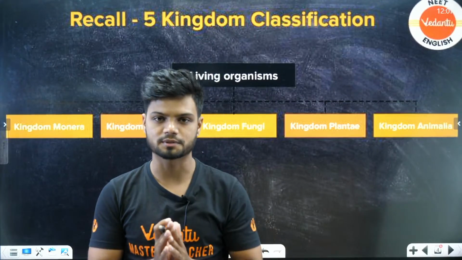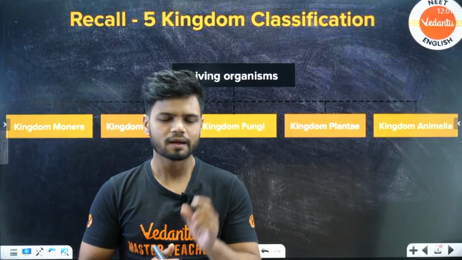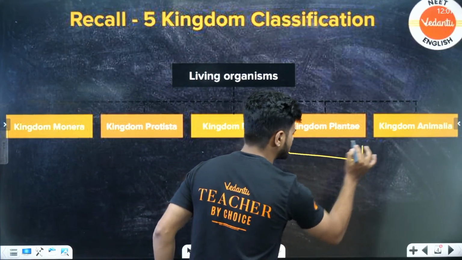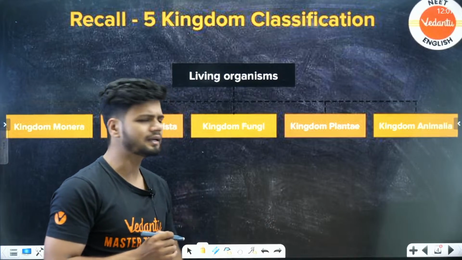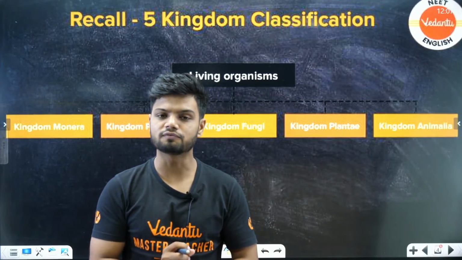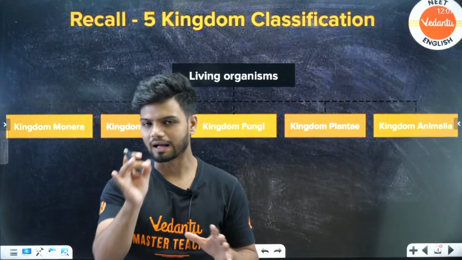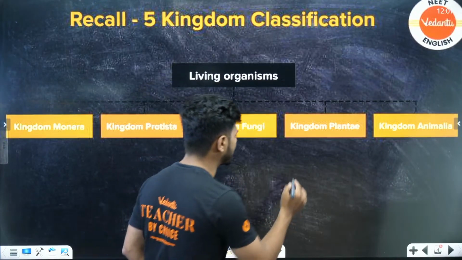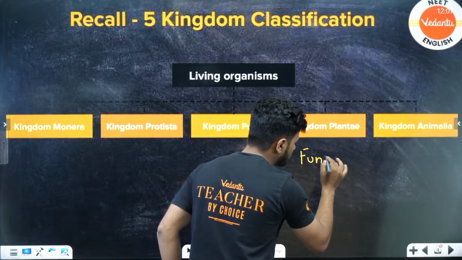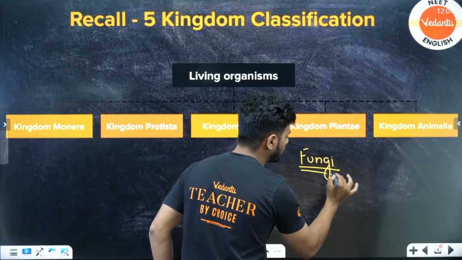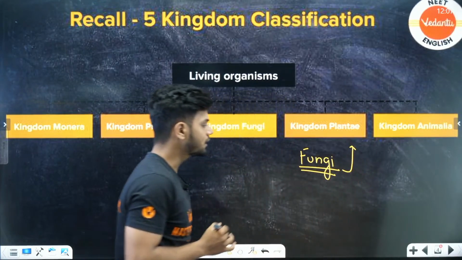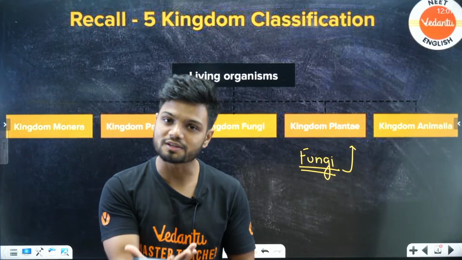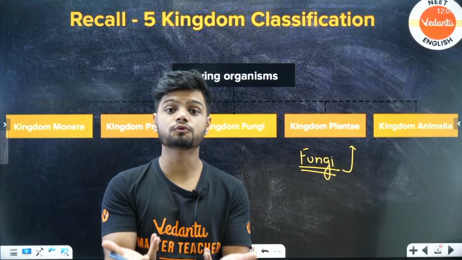So 5 kingdoms. But students, initially the plant kingdom was not very simple. In fact, it was very complex. I'll give you a quick example. The quick example is the fungi. The fungi or fungus initially belonged to kingdom Plantae. But later on, for obvious reasons, that could be the mode of nutrition.